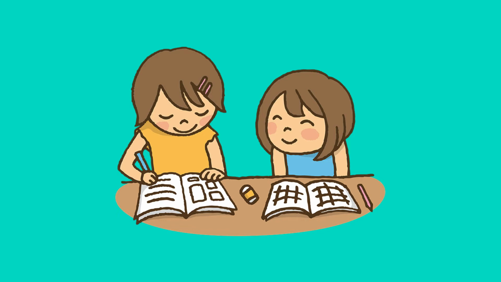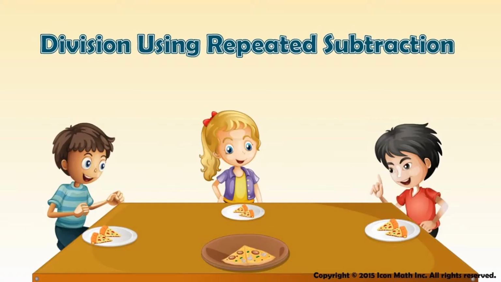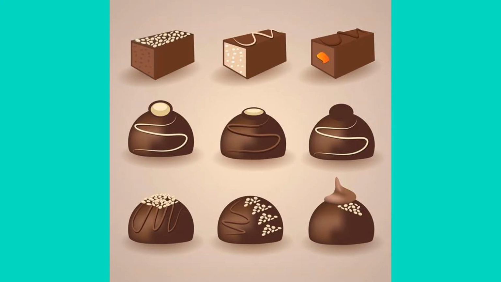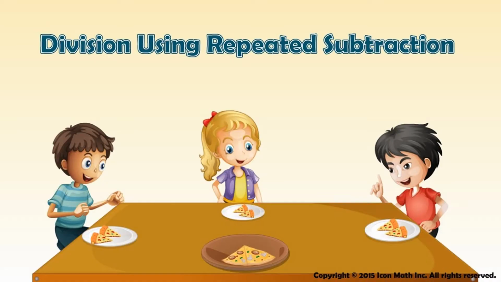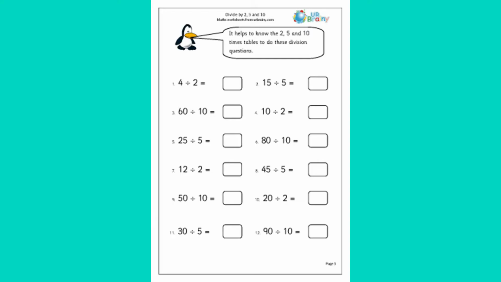In the last video, we learned about division as repeated subtraction. Now we know what is meant by equal sharing and that division is repeated subtraction. Let's see the easy way to solve division problems.